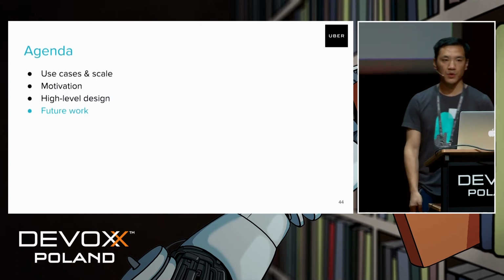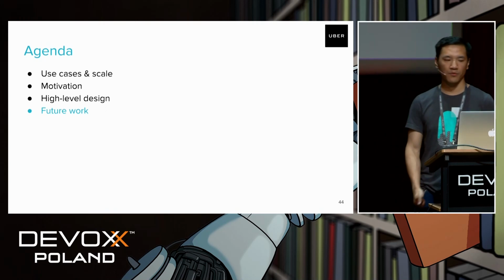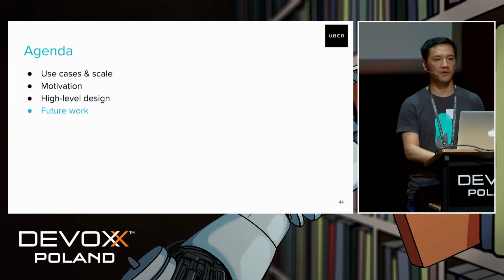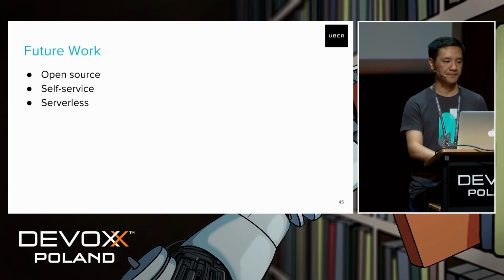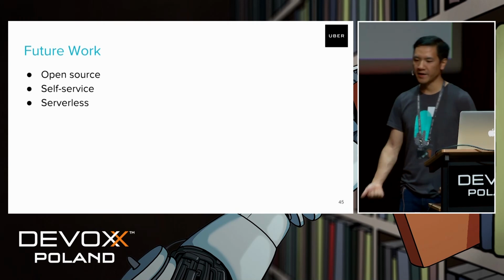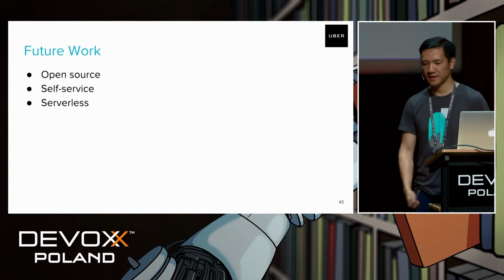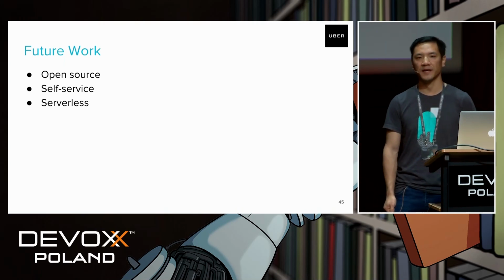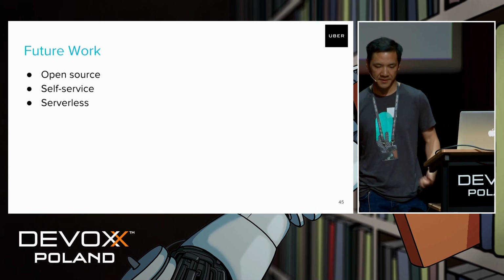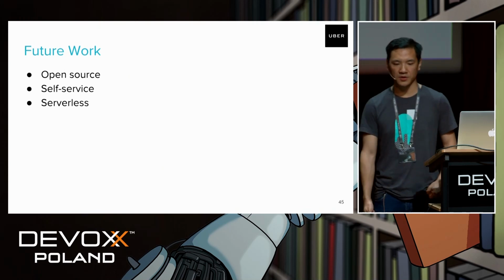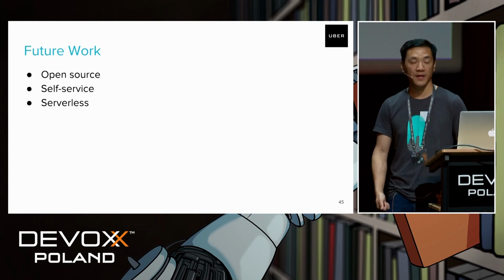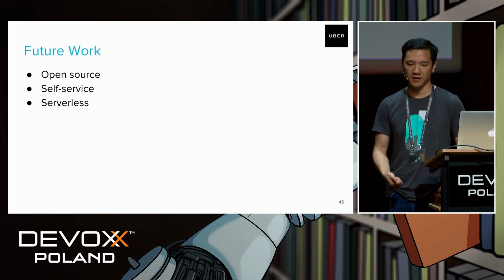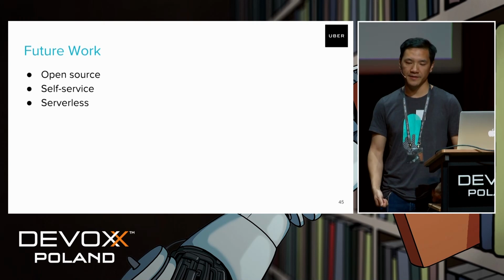All right. So the last item I want to discuss is the future work on our roadmap. Of course, we have been building some good features. We want to open source these features back to the open source community. We have already open sourced the APIs, the retry and dead letter queue feature in Golang.